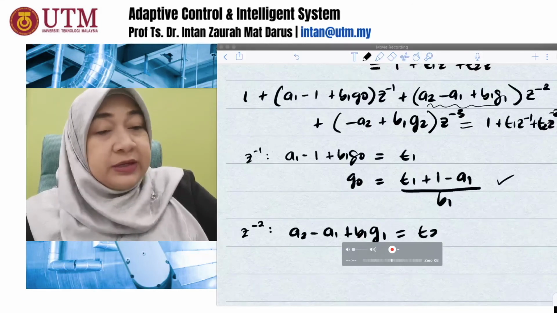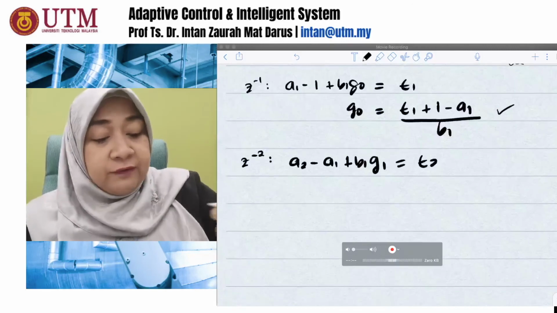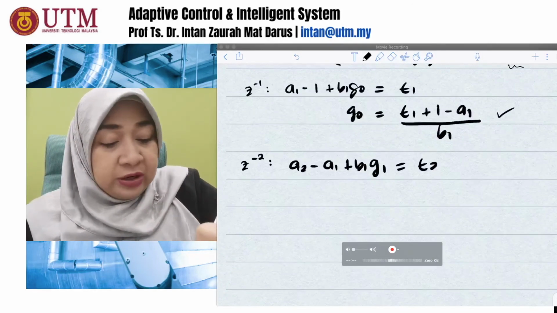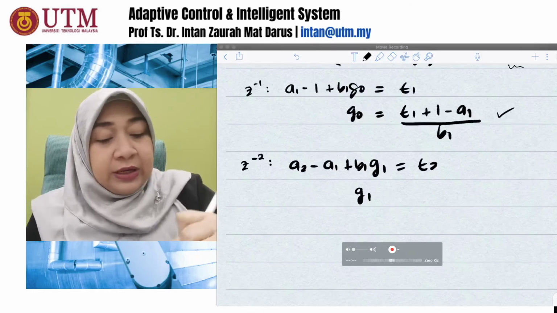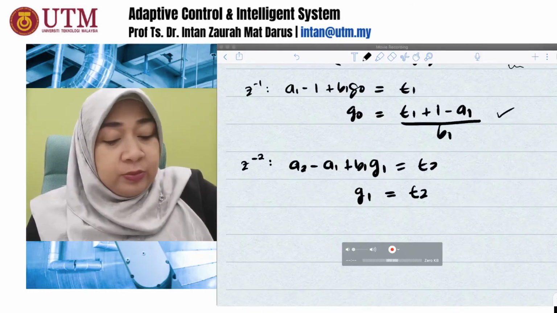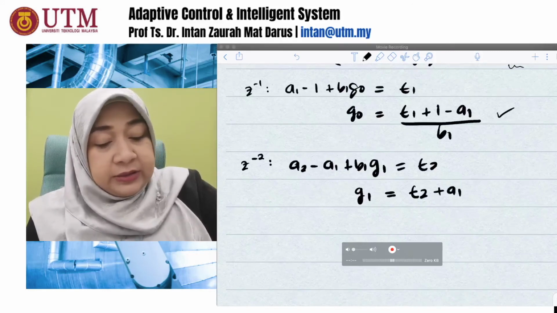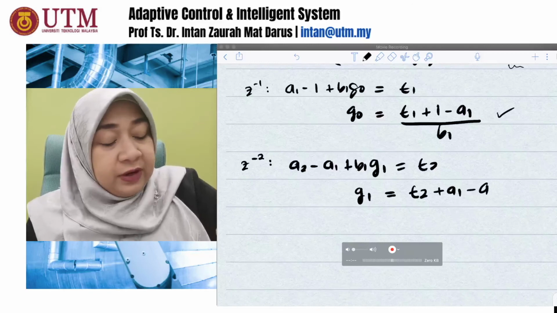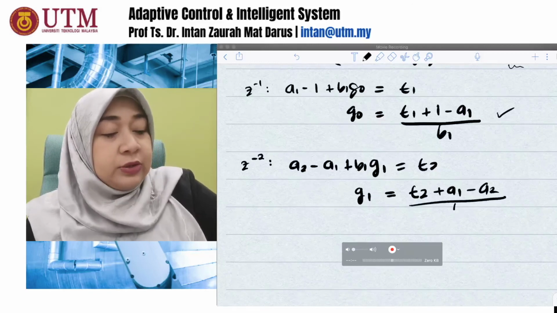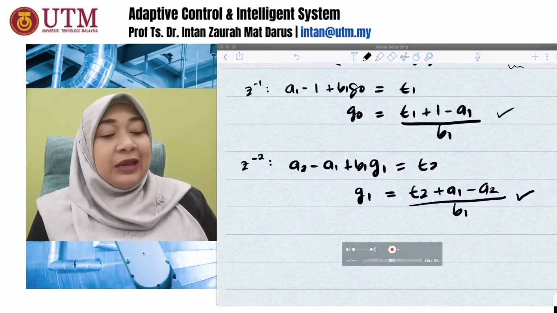I'm just comparing coefficients, right? Then I will write in terms of g1 because I want to know the transfer function of my controller. g1 is equal to t2, then we plus first with a1 and then minus a2, divided by b1. So that's your g1 in terms of your parameters and stable poles.